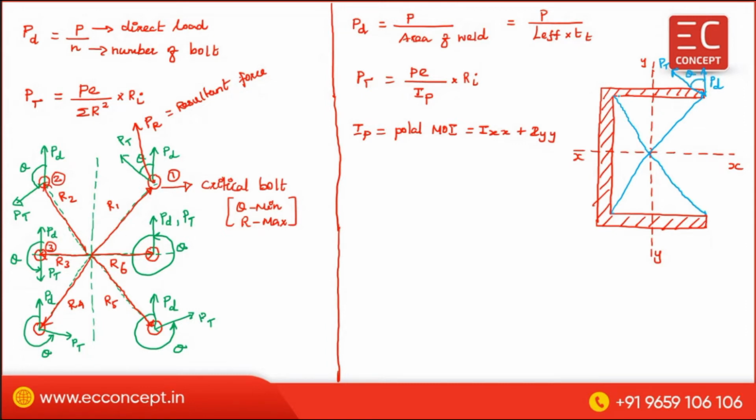In the same way, at point number 2, this is your PD and this is your PT. At point number 3, this is your PD and this is your PT, and this angle is theta.